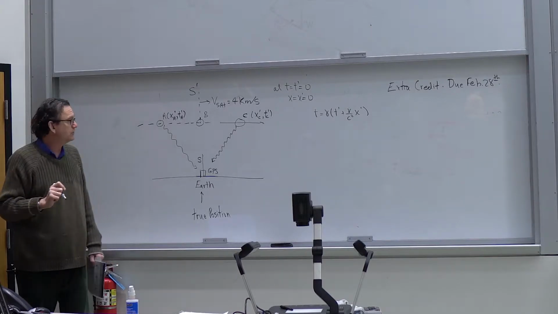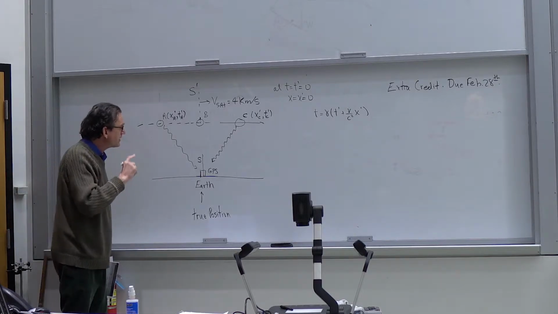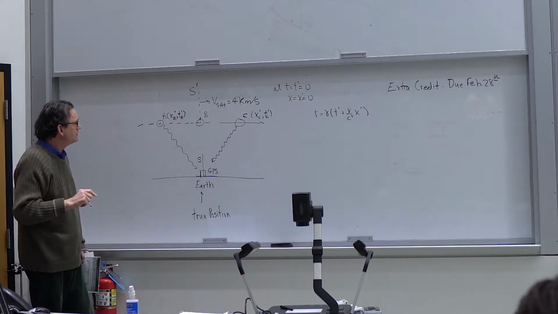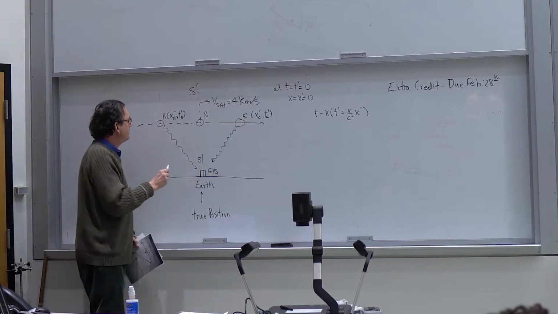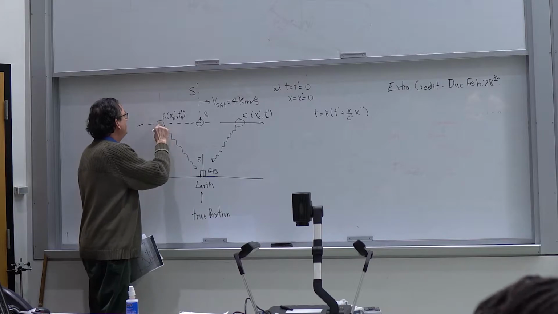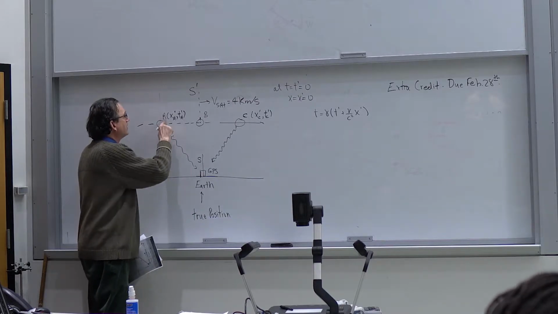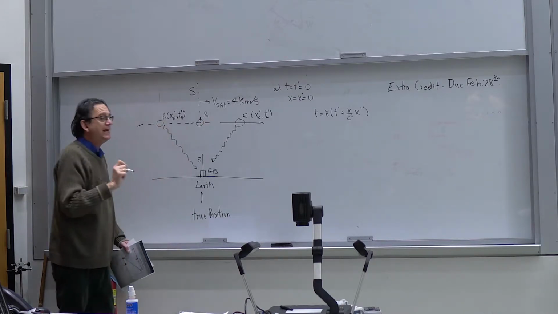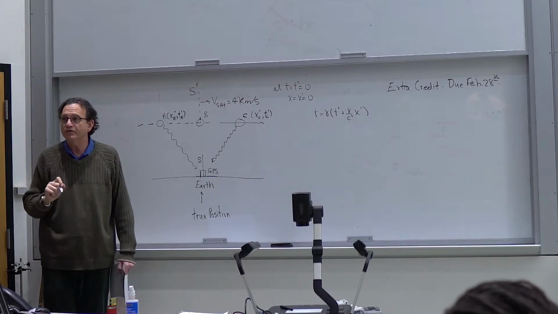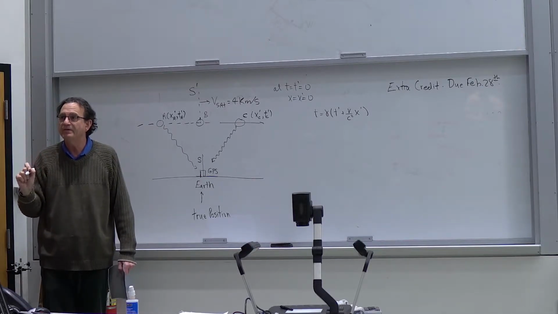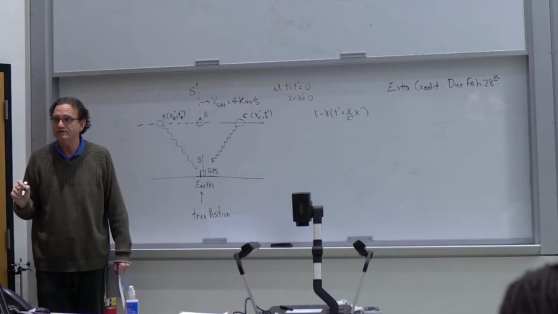So in this simple example, let's suppose that satellite A and satellite C emit an electromagnetic pulse at exactly the same time in their coordinate system.